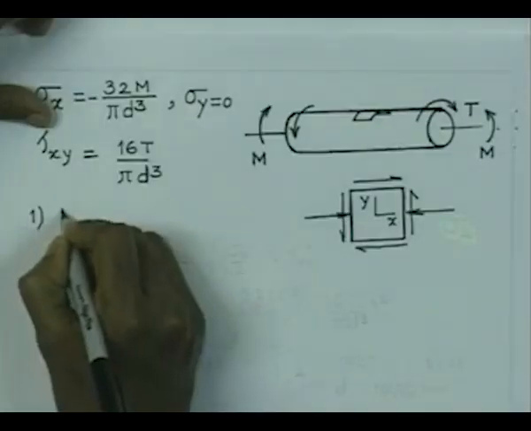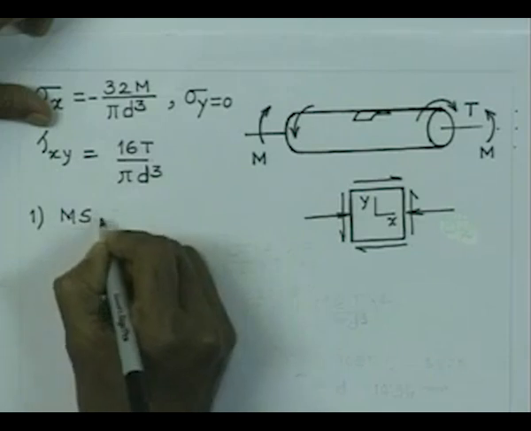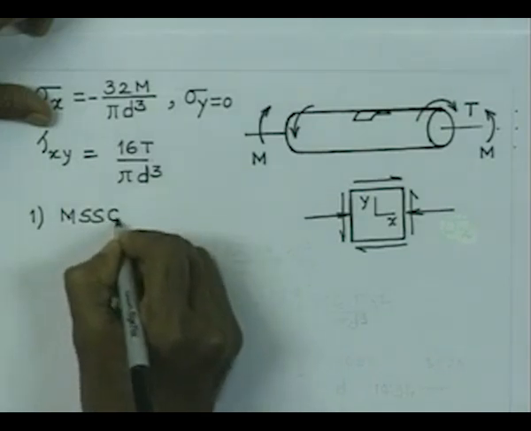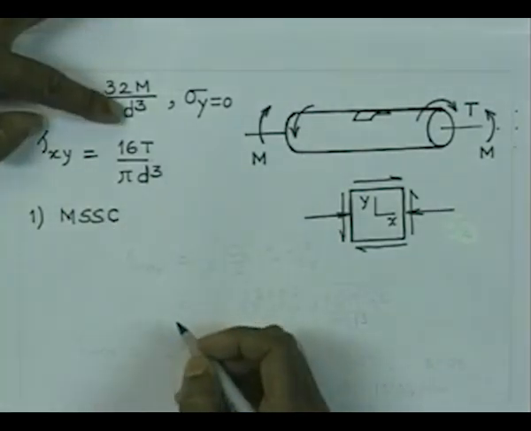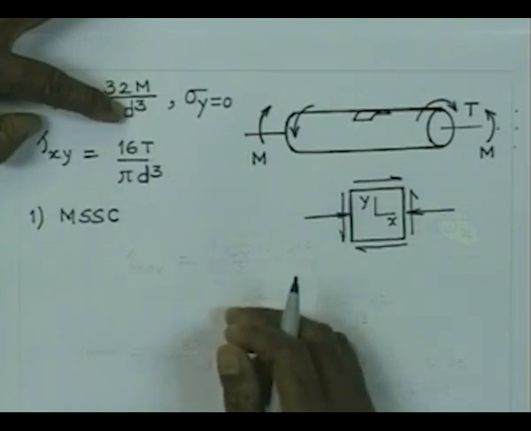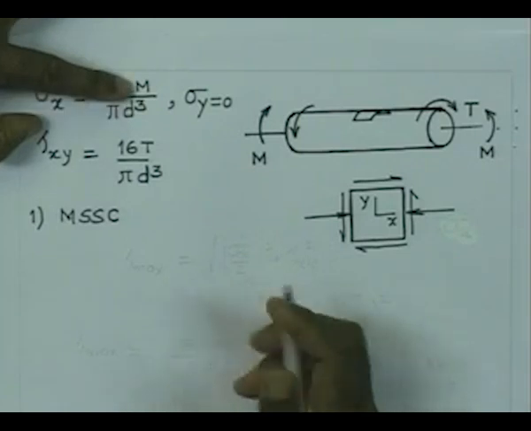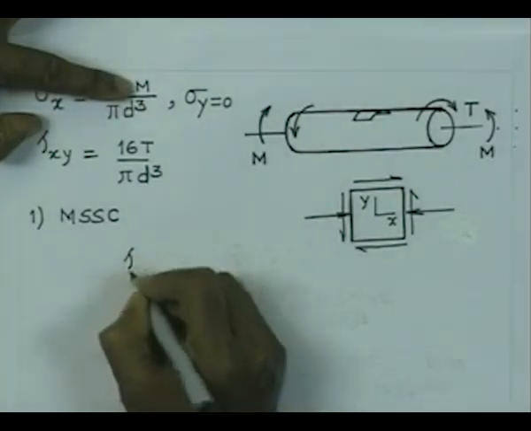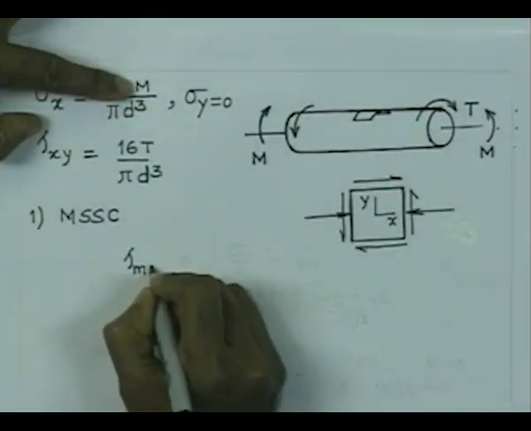And let us now try to see if we apply the maximum shear stress criterion, what is the diameter we get. So, first we consider the maximum shear stress criterion. This criterion states that the failure will take place when the maximum shear stress reaches a critical value.